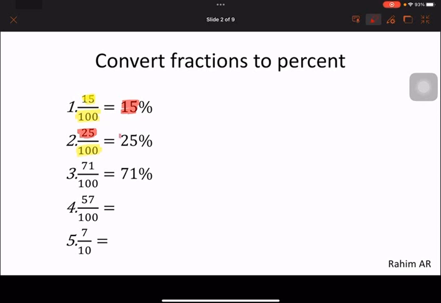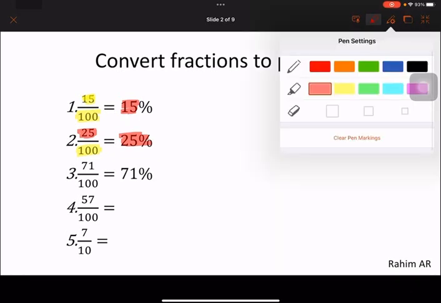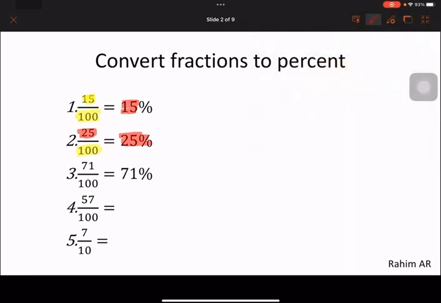Then you get the answer as 25%. Maybe you can see the connection right now. Whenever the denominator is 100, we can directly write down the numerator as the answer.